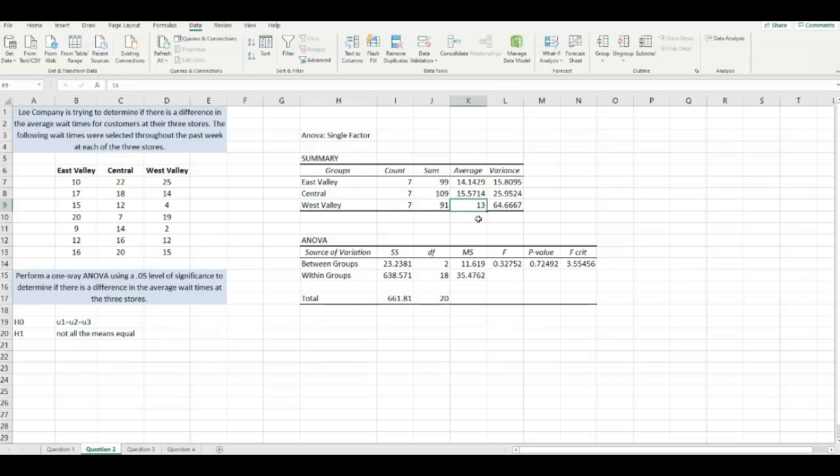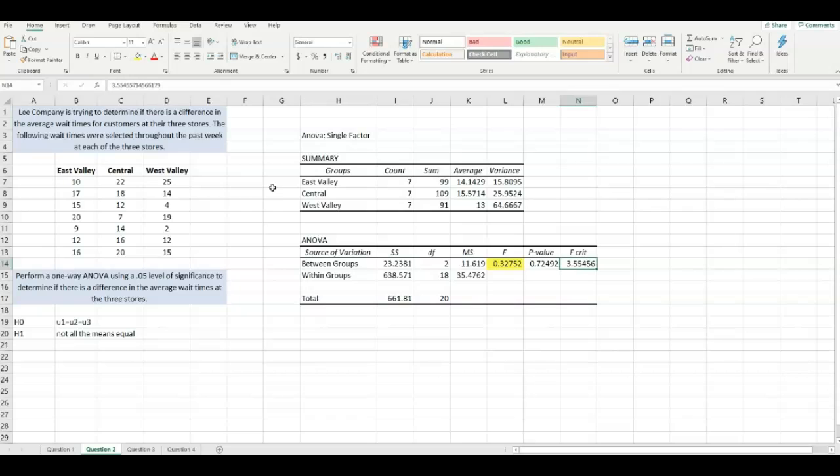So what we're going to do here is compare a few of the different numbers given to us in this output. We're going to take a look at the F that we're given and compare it to the F critical. Our F that we are given here is 0.3275. The F critical is 3.55.